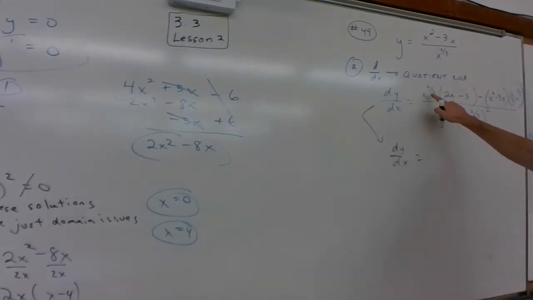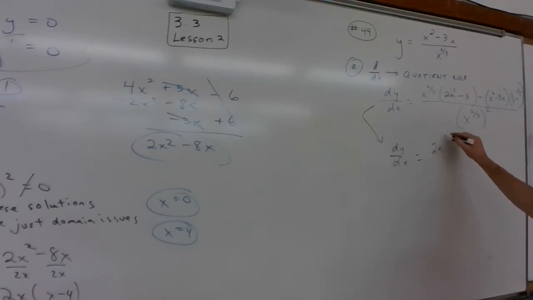So then you get 2 times x to the 2/3 plus 1, which is 1 2/3, which is 5/3. And then you get minus 3x to the 2/3.